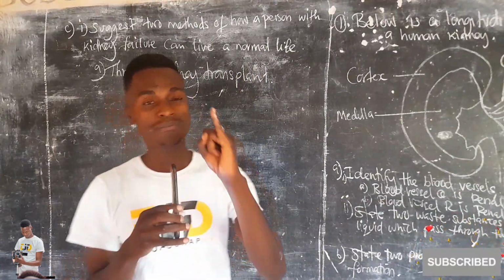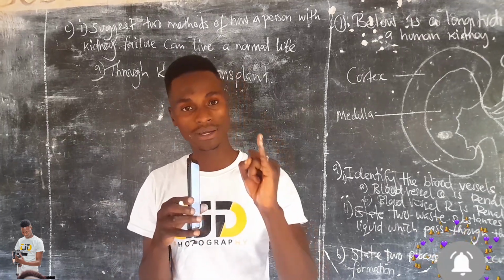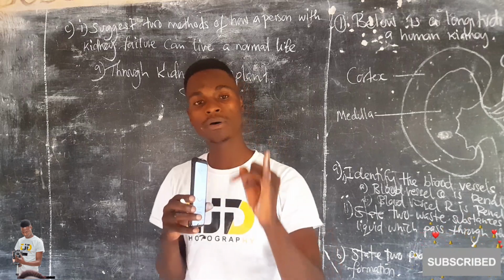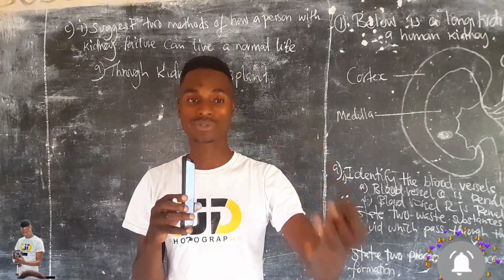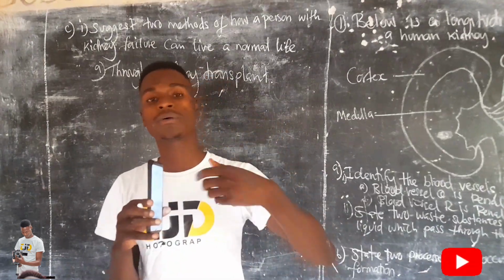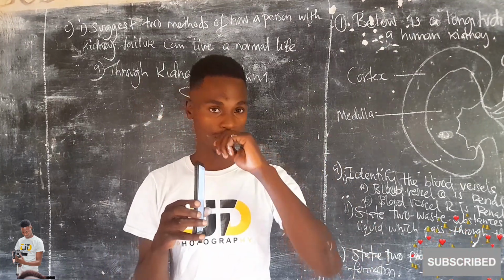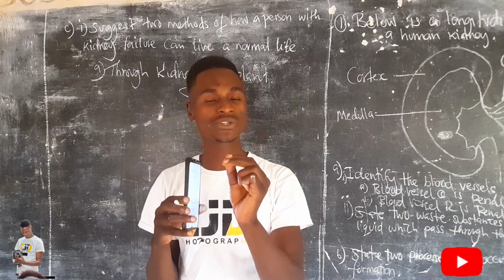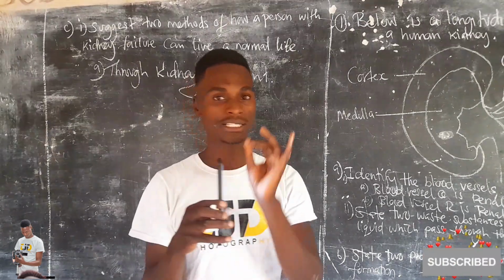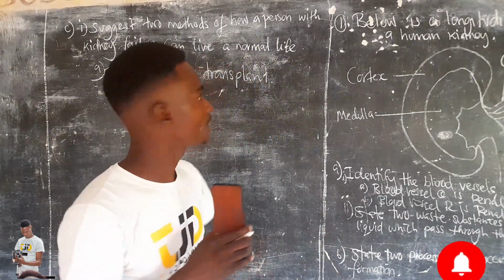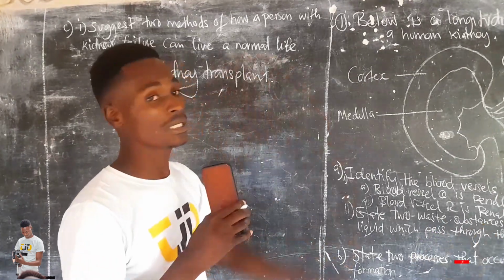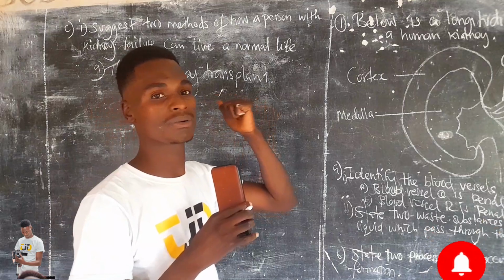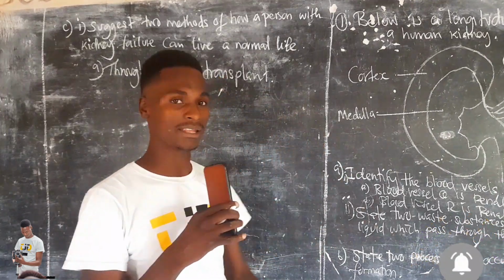Number one, blood group has to be tested and be compatible. Two, they need to check also the presence of infections, or else there will be tissue rejection. So kidney transplant is one of the methods on how a person with a kidney failure can live a normal life.